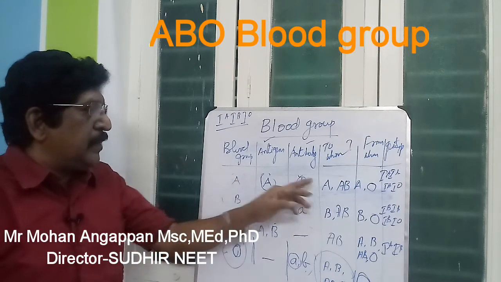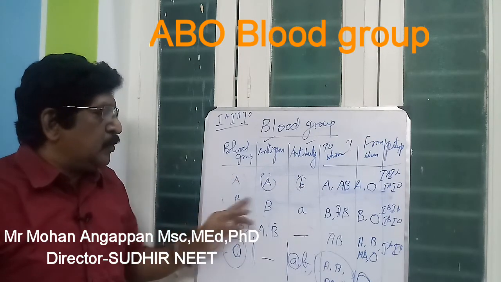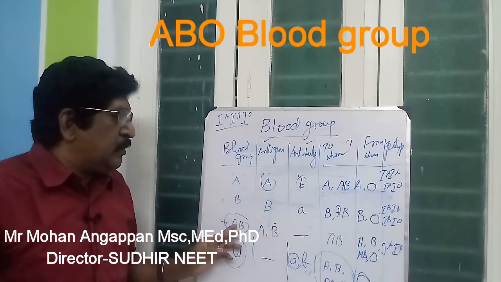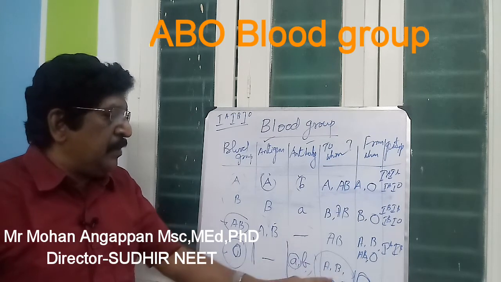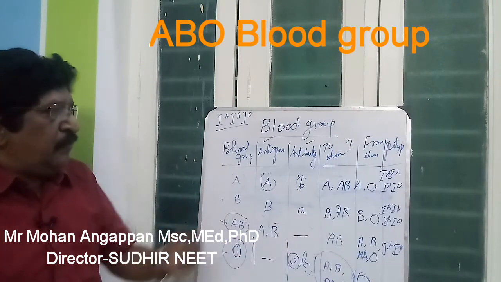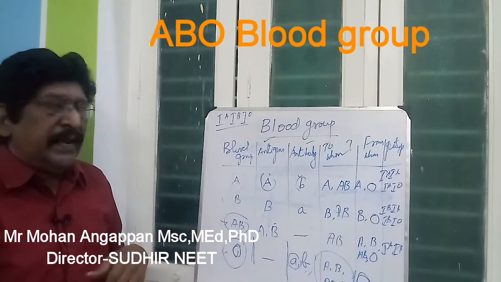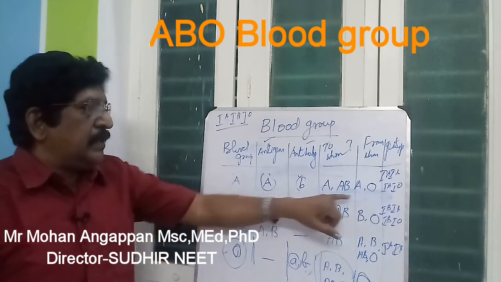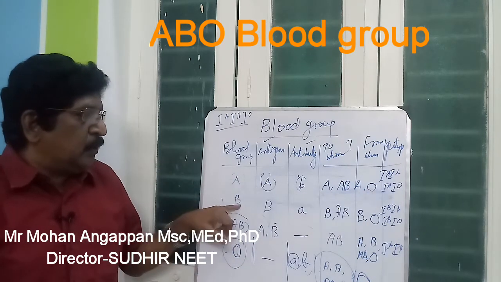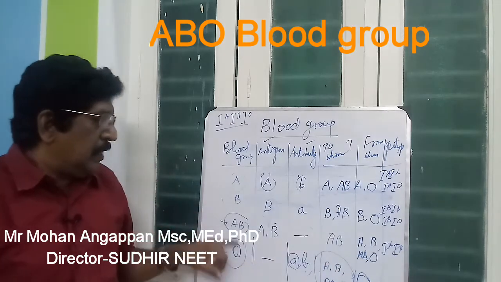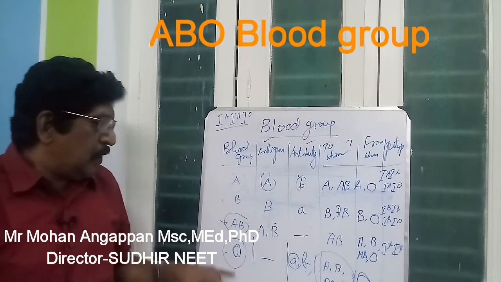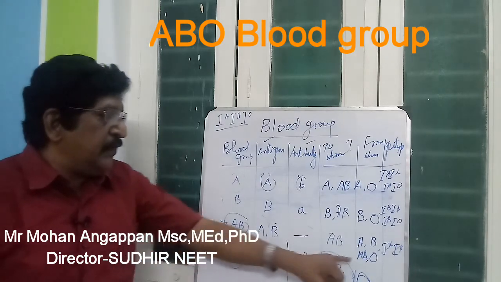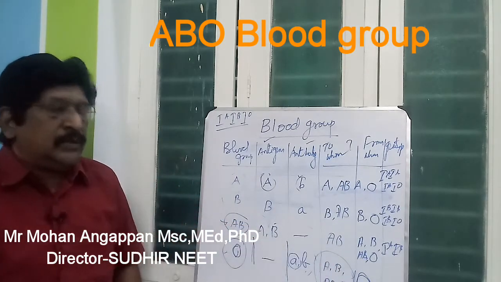A can donate blood to A and AB, B to B and AB, AB to AB, O to A, B, AB and O. So from whom they can get blood? A group from A and O, B group from B and O, AB group from all, A, B, AB and O, group only from O.